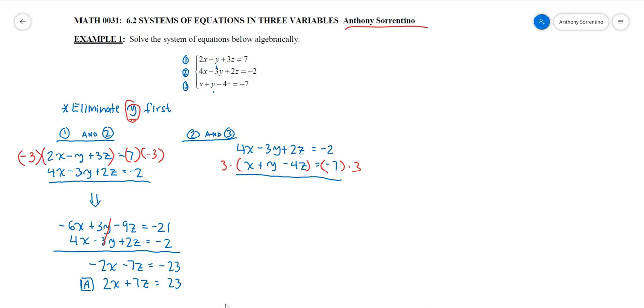So my system for this one becomes 4x minus 3y plus 2z equals negative 2. Nothing happened to the top equation. And I'm going to have 3x plus 3y minus 12z equaling a negative 21.